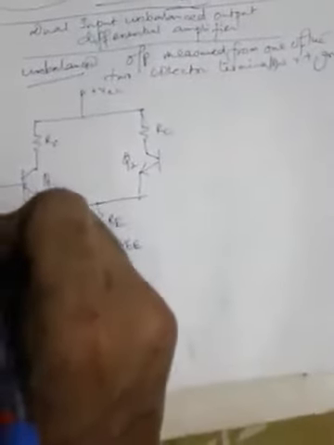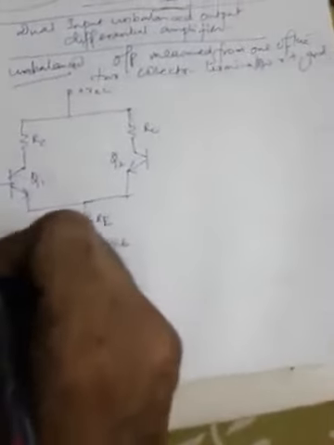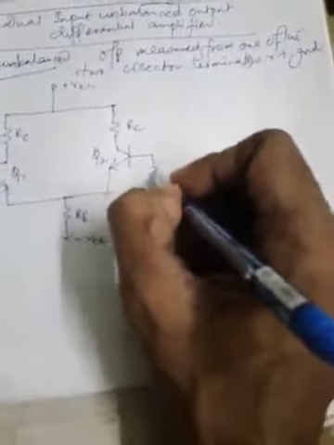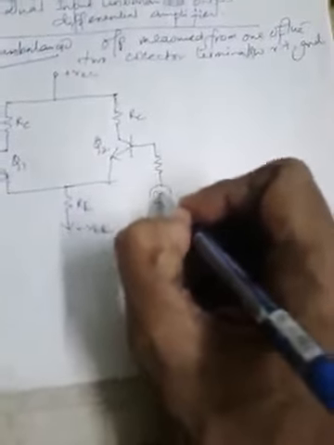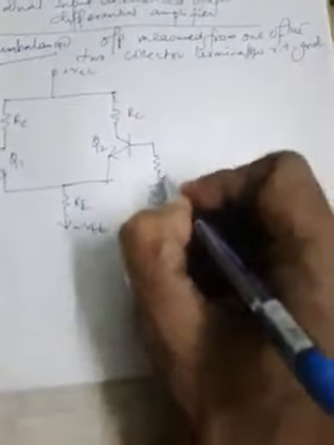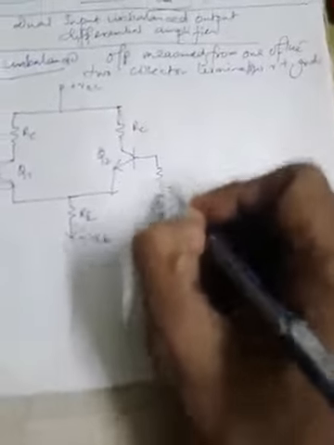The two inputs are applied as Vin1 with a source resistance Rin1 in series, and in the second transistor it is Vin2 with a source resistance Rin2 in series.